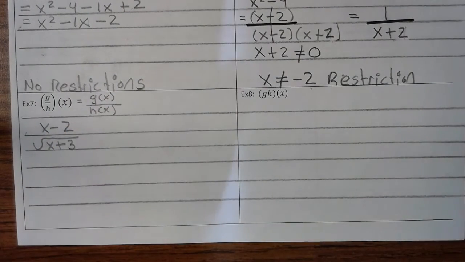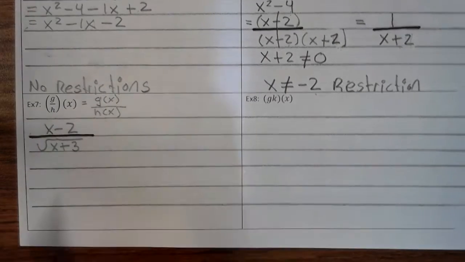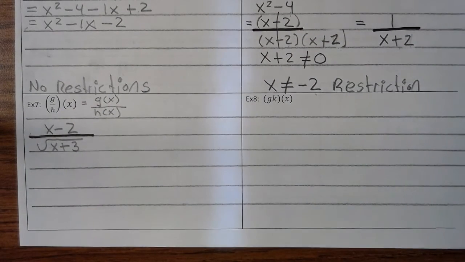So there's definitely a chance for restrictions because we have a denominator and we have a square root. All right, in this case, there's really no need to simplify or reduce this any.